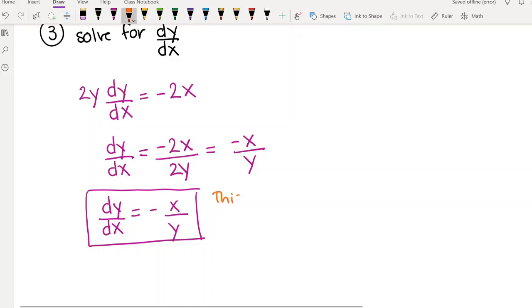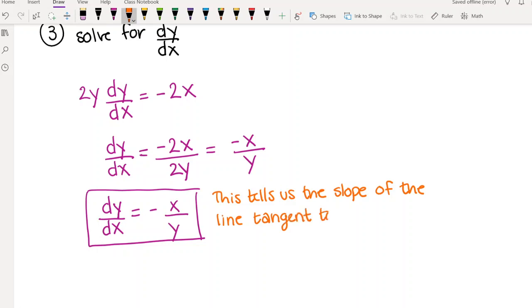This tells you the slope of the line tangent to the graph x squared plus y squared is equal to 25 at a point x comma y. One thing that is a little bit different from other derivatives we've worked with is that you need to plug in both x and y in order to find that slope.